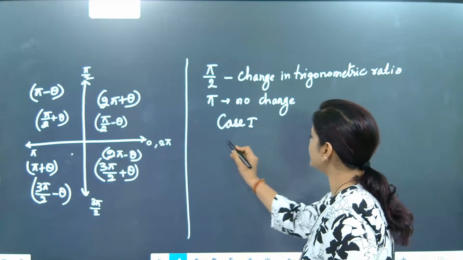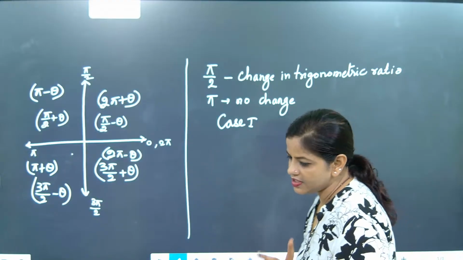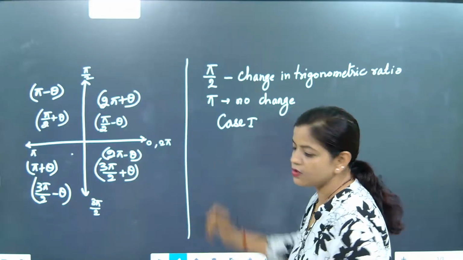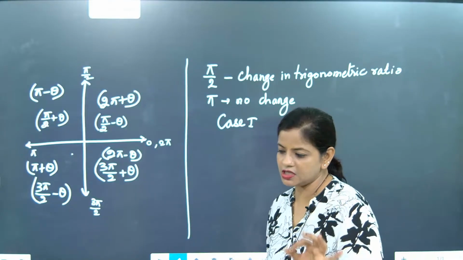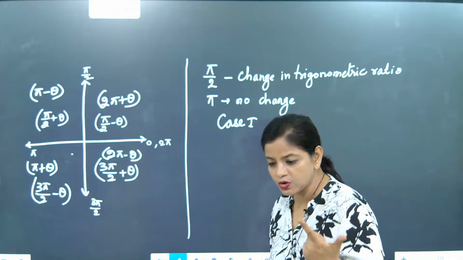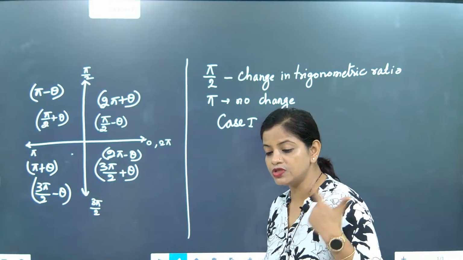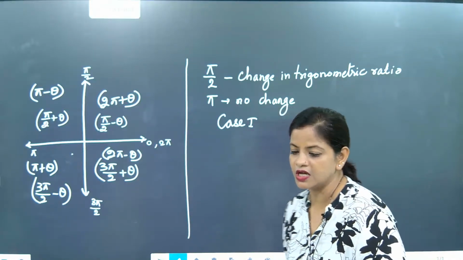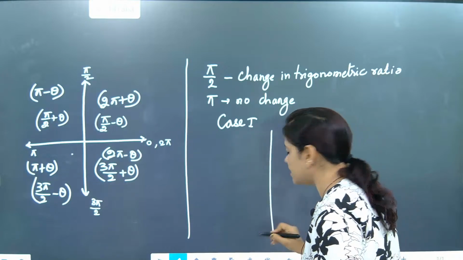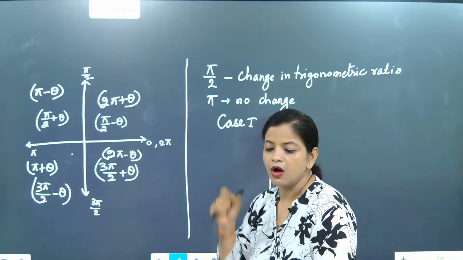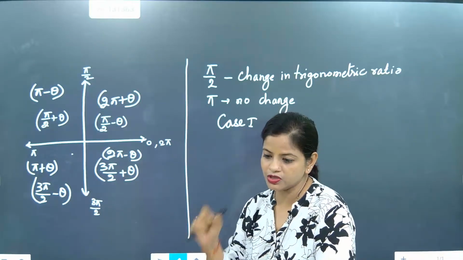Now listen. Case 1 is having two angles. First I told you pi by 2 means change and pi means no change. This you must consider. Pi by 2 means what, beta? It is going to change, and pi means no change. Then auntie, how to do this one in shortest way? So 6 trigonometric ratios. In first quadrant, all the 6 trigonometric ratios are positive.